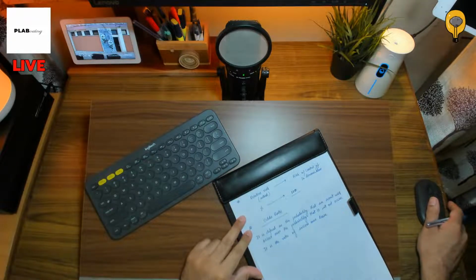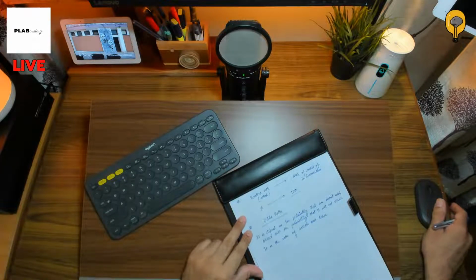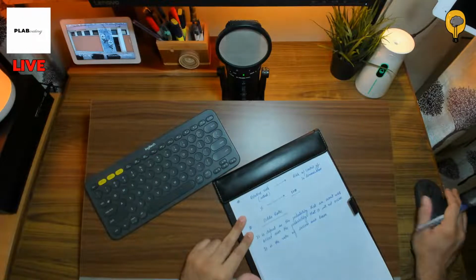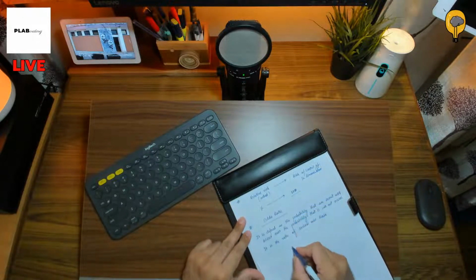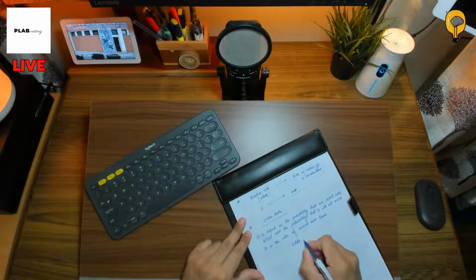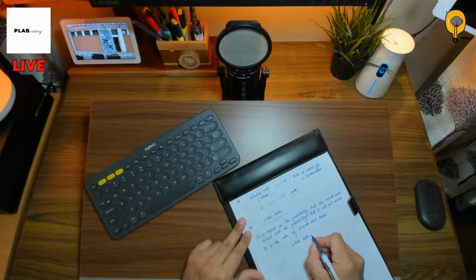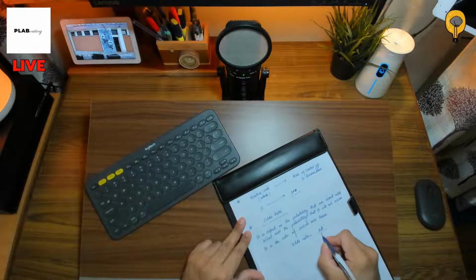So if we put it on the table, then the odds ratio, as we studied earlier, is equal to AD upon BC.